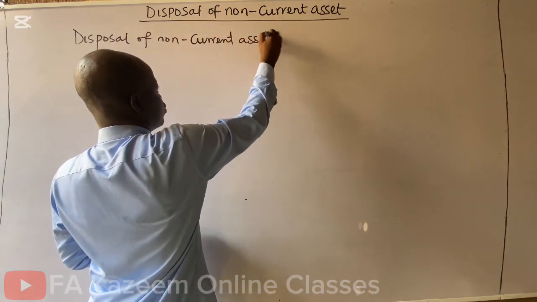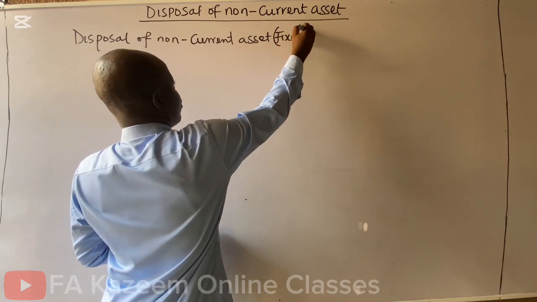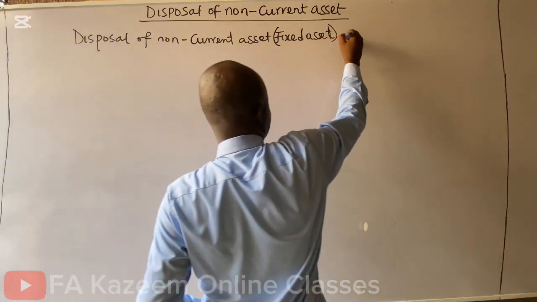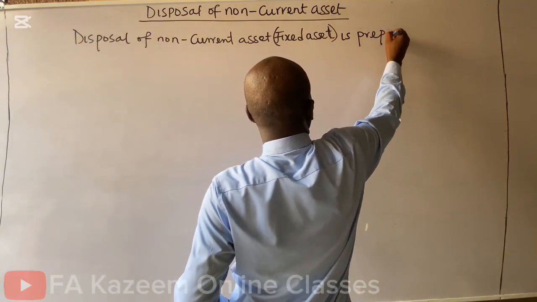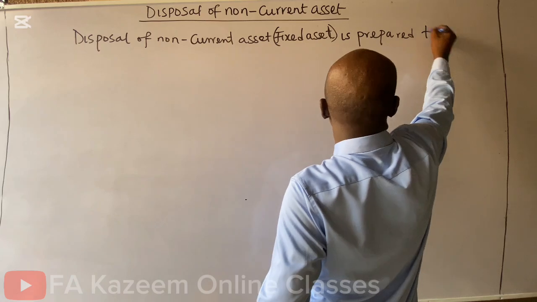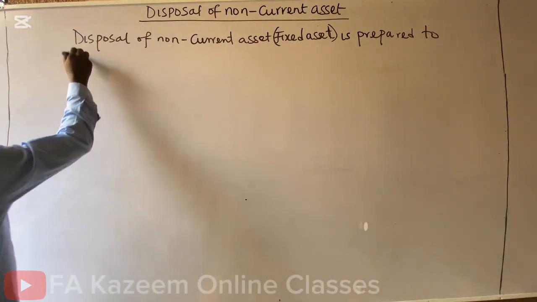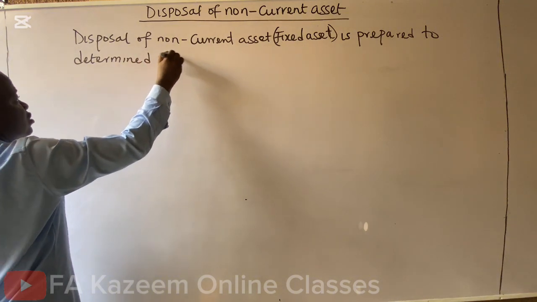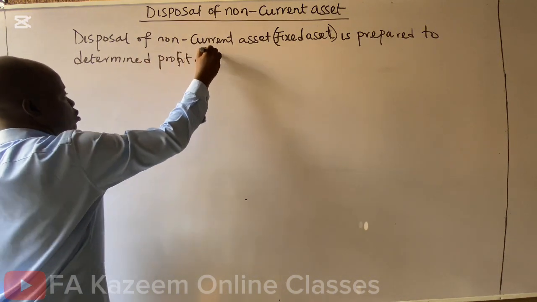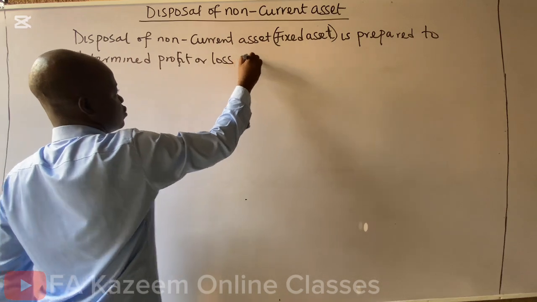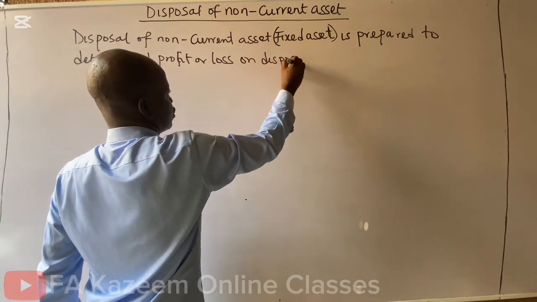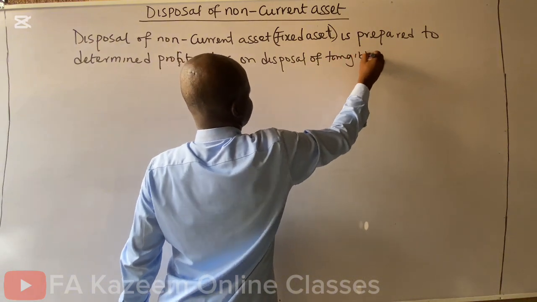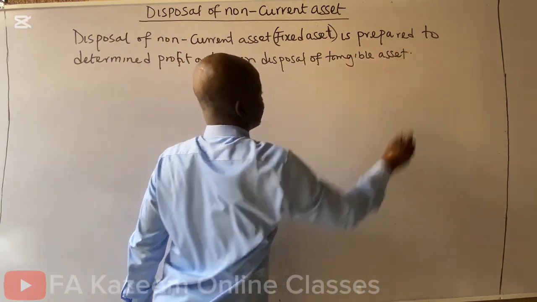Disposal of non-current assets, which we can also refer to as disposal of fixed assets, is prepared to determine profit or loss on disposal of tangible assets.